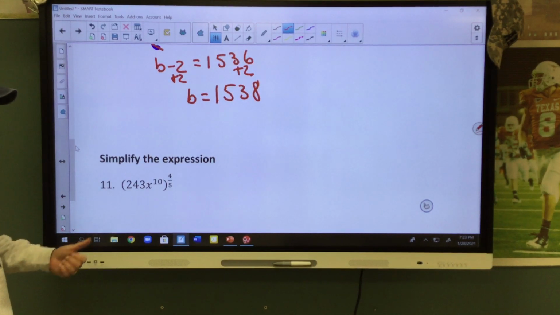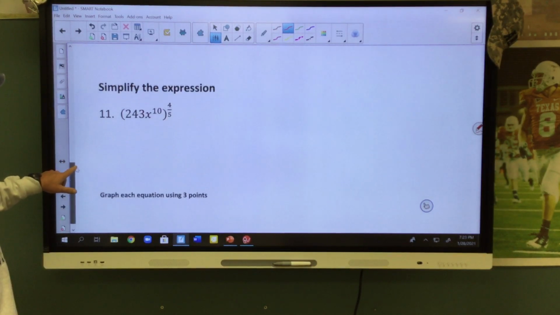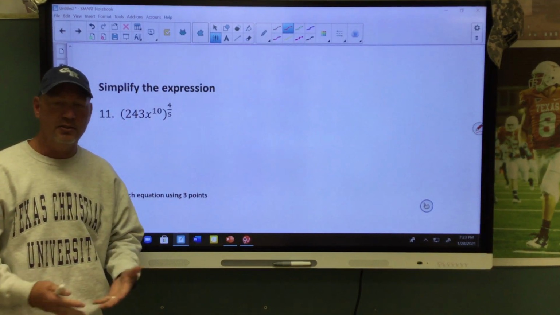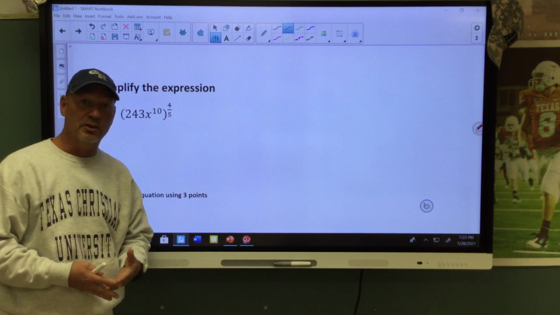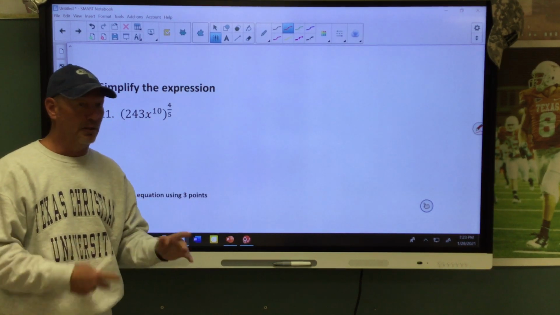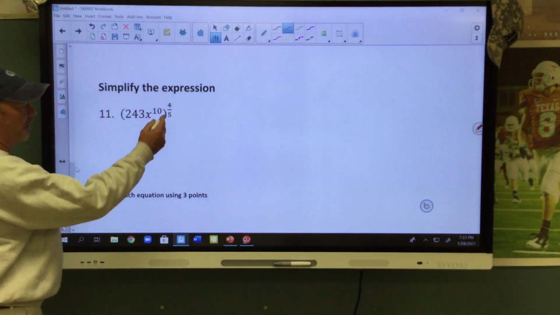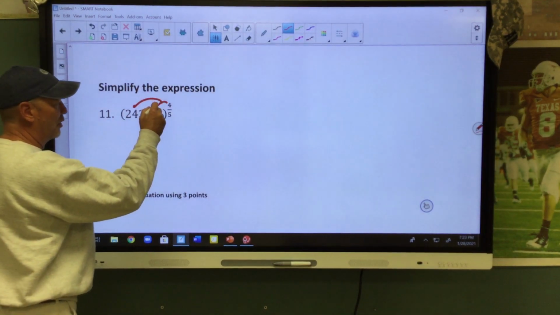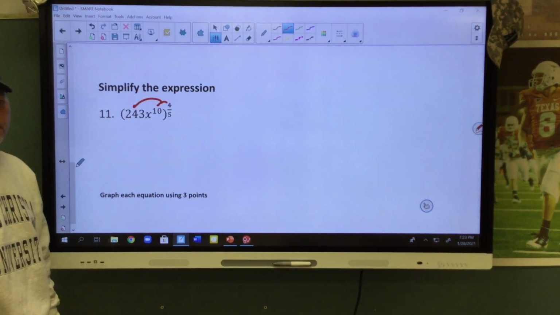Good. All right, they're going to ask me to simplify this expression. These are the easy ones. These are the ones that I use the calculator on because I can't do these in my head. But this exponent of 4/5 goes to this number and it also goes to that exponent.